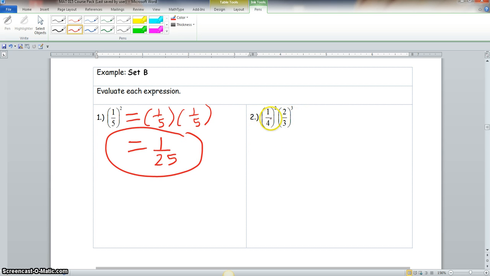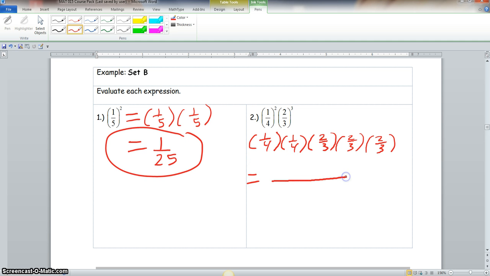Now we look here at number 2. We have this first fraction in parentheses squared, so we have 1/4 times 1/4. And then we have the second parenthesis taken to the third power, which is 2/3 times 2/3 times 2/3. Now, because this is such a long fraction, let's do like we did before when we were simplifying with multiplication.